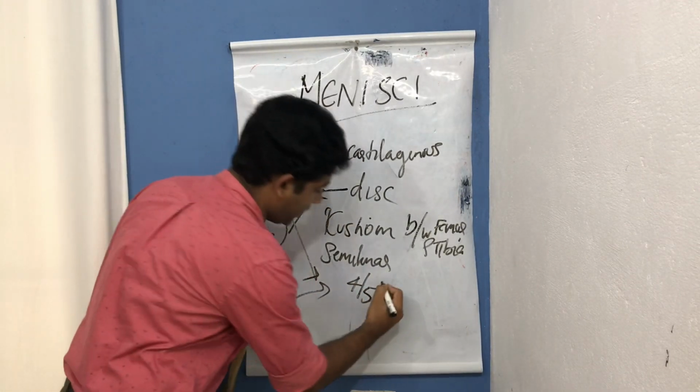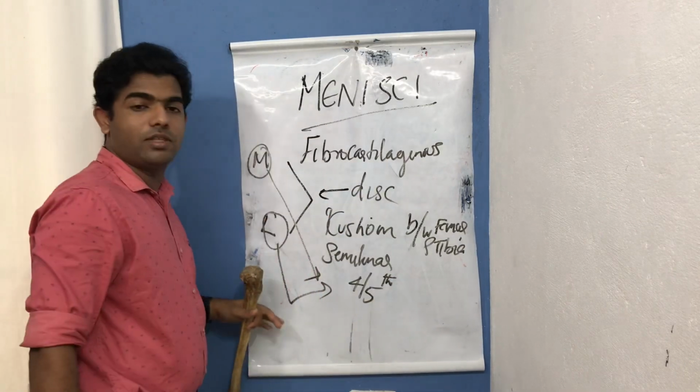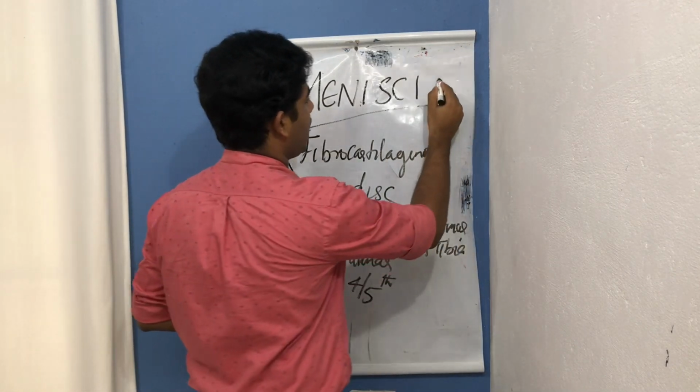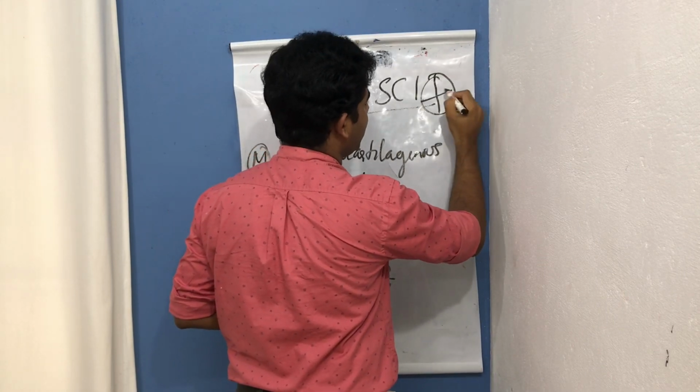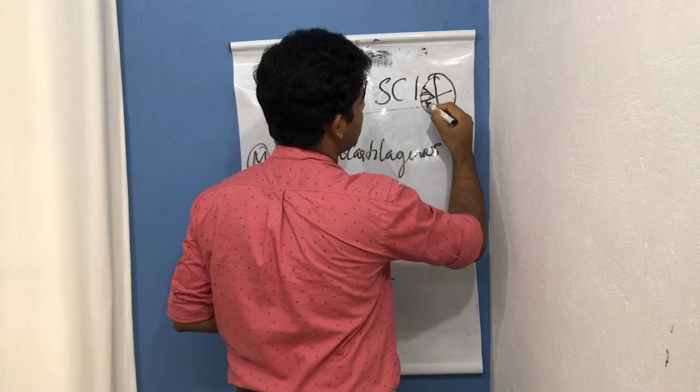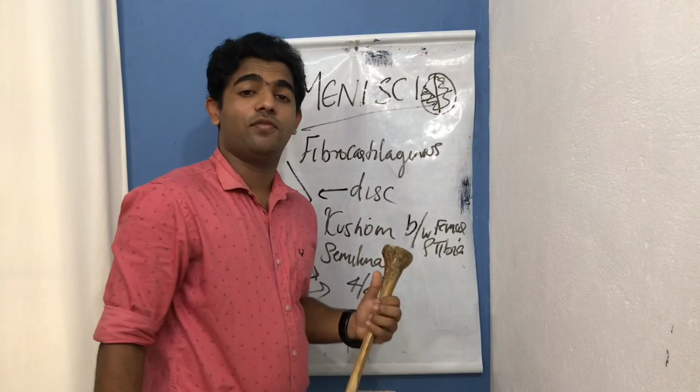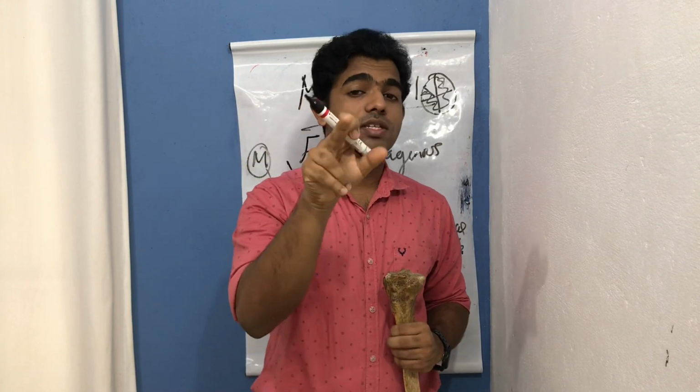Exactly speaking, it forms four-fifths of a circle. If you divide a circle into five portions, the meniscus has the shape of four of them. So the lateral meniscus is nearly circular, and the medial meniscus is semilunar in shape.